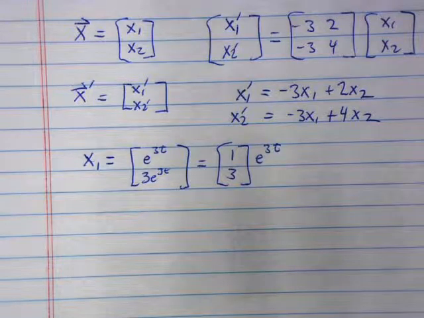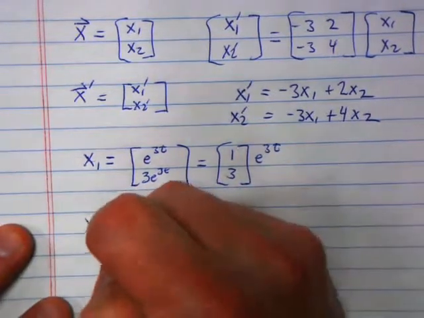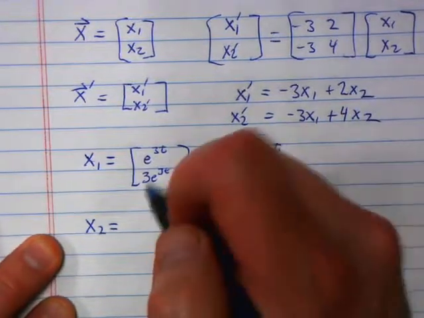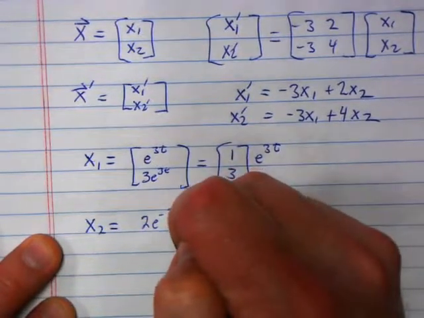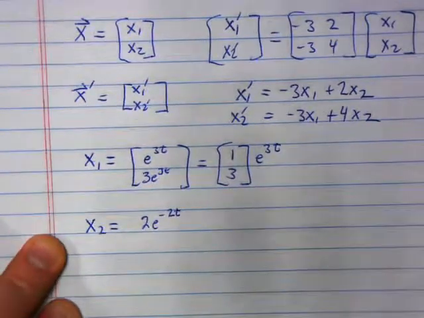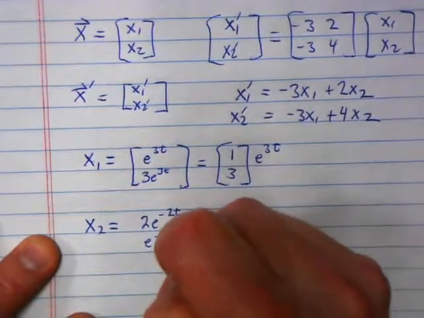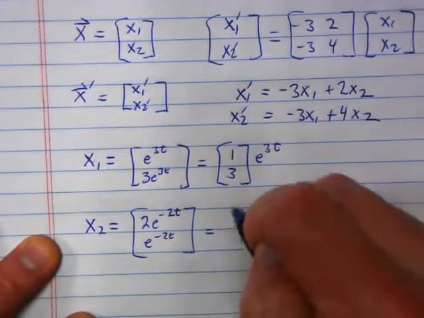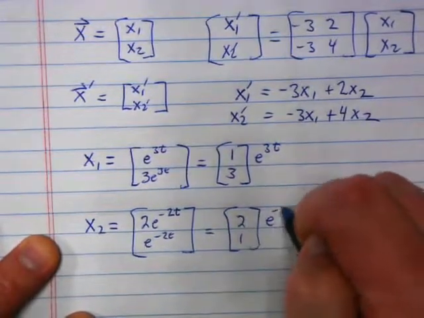There's one solution. And then vector x2, the other solution, it says, is 2e to the -2t and e to the -2t, which could be written as 2, 1 e to the -2t.